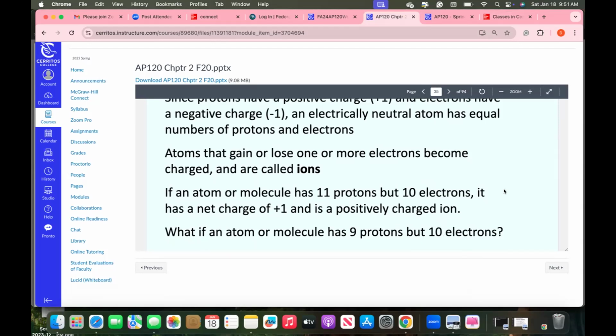What if an atom or molecule has 9 protons, but 10 electrons? What do you think? What would that charge be?